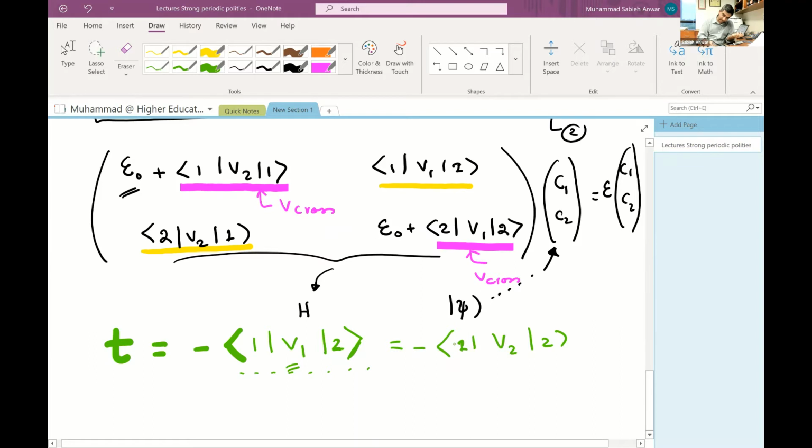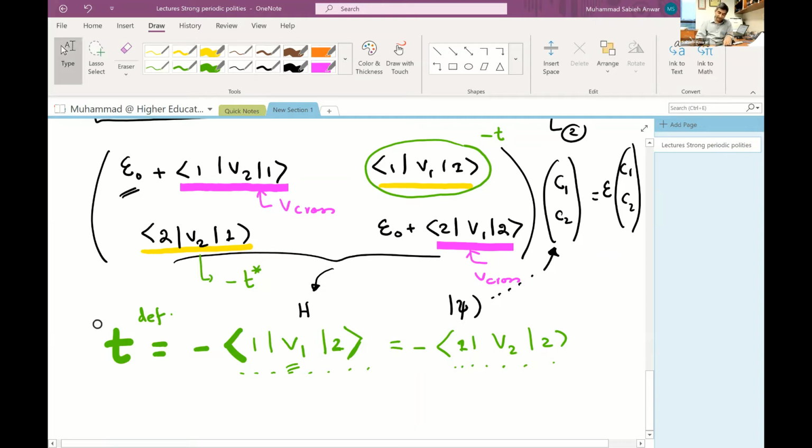So this is our definition for T. So this term I can replace by minus T. And if you observe that the term on the bottom left is simply the complex conjugate of this term, so I can replace this with minus T star. Okay.